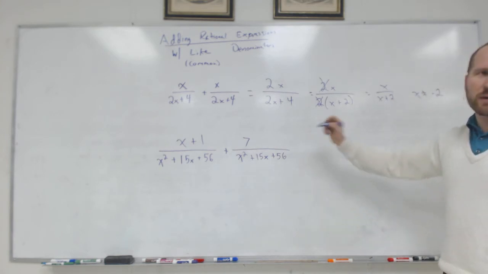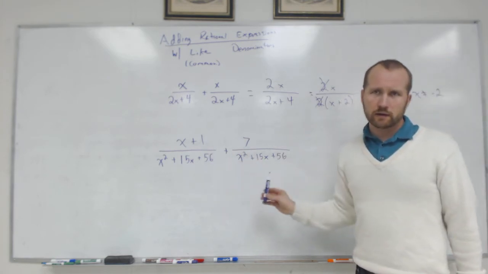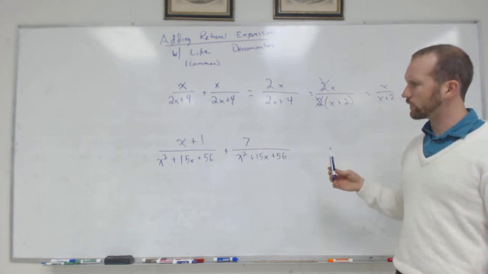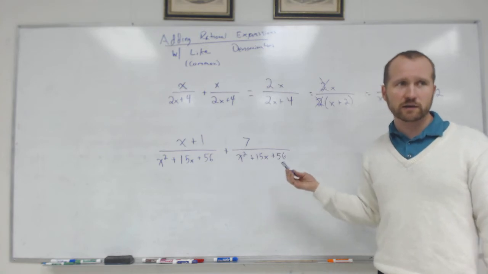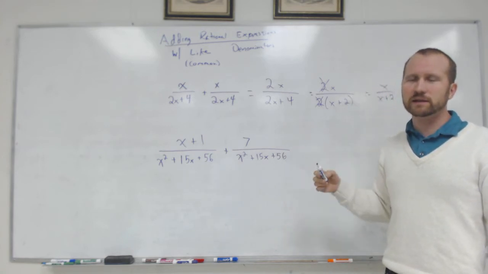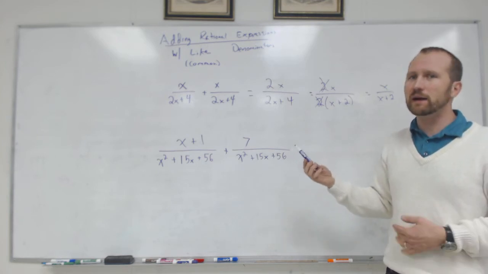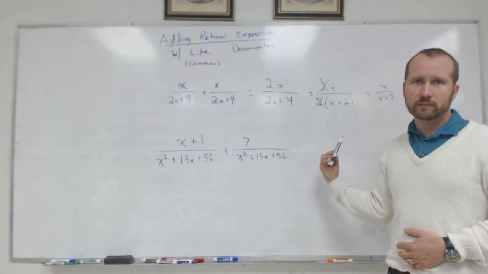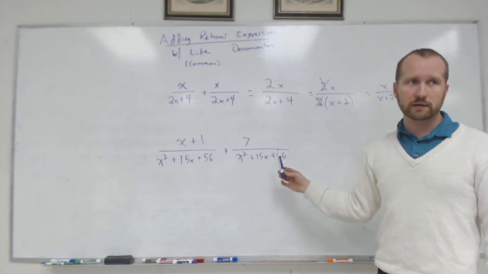So again, the most important thing here is that I have common denominators. I am kind of looking to see what can be factored and what can't. I would definitely notice that this denominator can be factored. I might not factor it yet because I don't really want to cancel anything. It doesn't matter. I'm going to either have to factor it now or I'm going to have to factor it after I add. And it's actually better to be in the habit of factoring before you add.